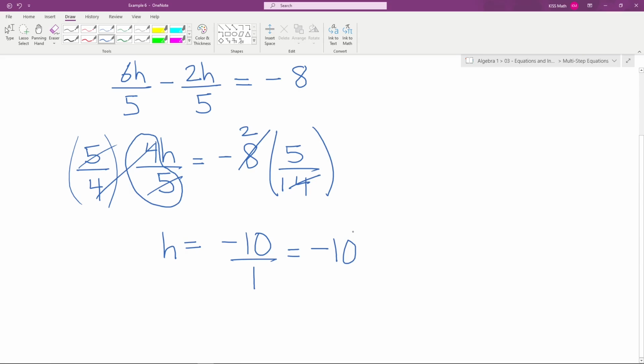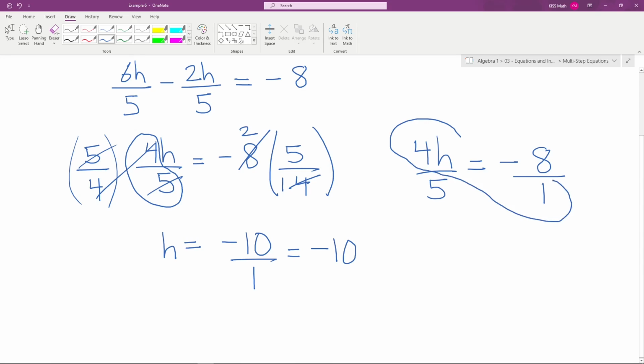And here's another trick here. Instead of doing this whole reciprocal thing, we had 4h over 5 equals -8, right? And so what you can actually do is something called cross multiply. And I'm going to write this as -8 over 1. But what you do is you take the diagonal like that. So 4h and this 1 here. You multiply those two together.